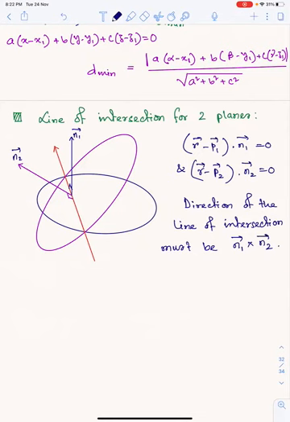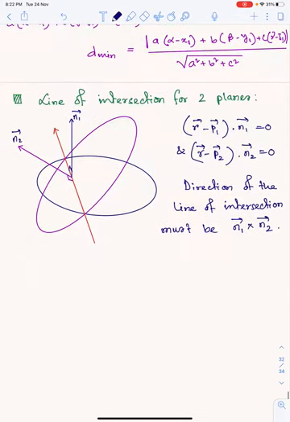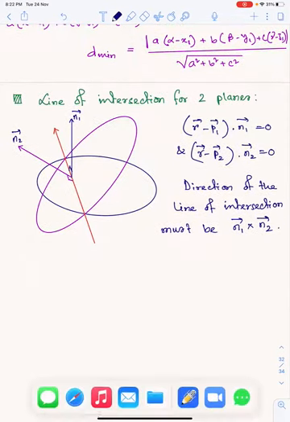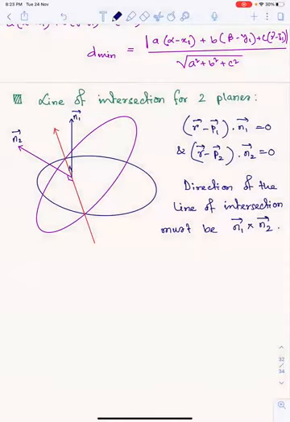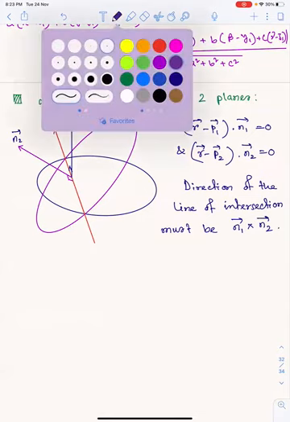Have you all followed? Now to complete the line, along with direction, we need at least one position vector attained by the line. Now here comes the procedure. The rest I'm writing in Cartesian form.